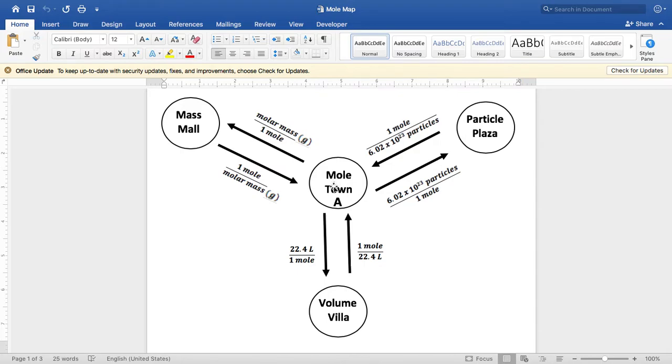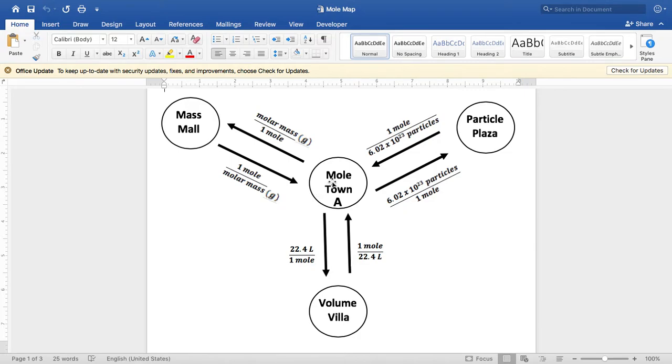The things that I want to point out about this mole map is the arrows as well as what is on top of the arrow. So, let's say you're going from Mole Town and you want to get to Mass Mall. Okay, well, if you're going to Mass Mall, that means you're going to be converting to some sort of mass. So, grams is the mass that we're going to be looking at most often. Okay, now think of the arrows as a street.